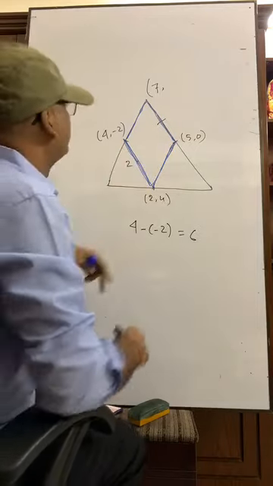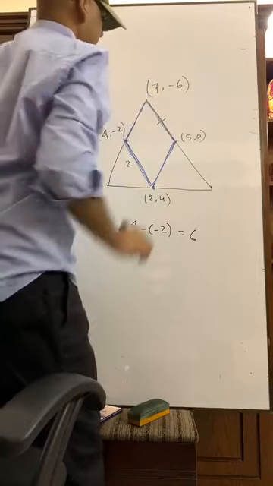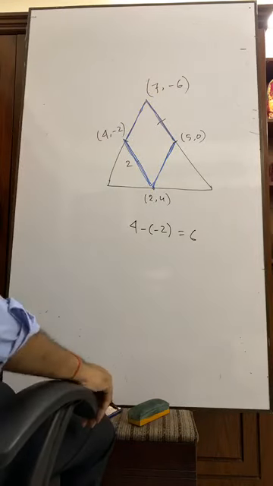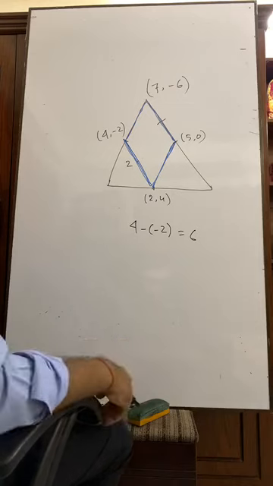So 0 minus 6 equals minus 6. I have got the point: 7 comma minus 6.